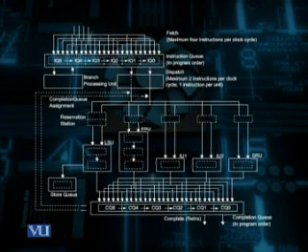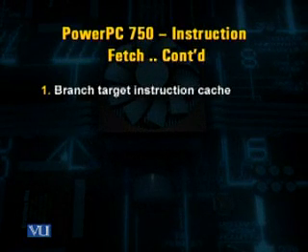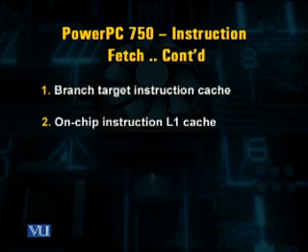However, the number of clock cycles necessary to request instructions from the memory system very much depends on where exactly the instruction is. That is, where the branch target instruction cache is, or whether it is on the on-chip instruction L1 cache or on L2 cache.